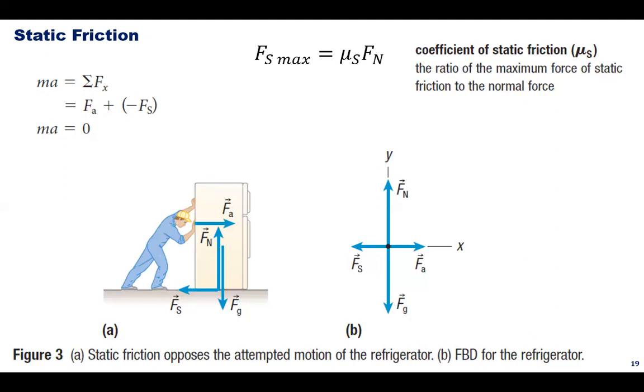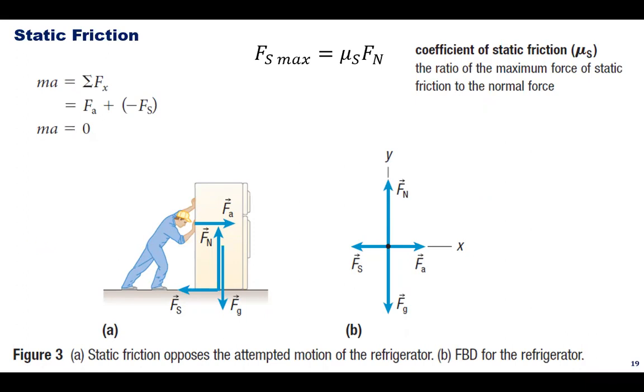If Fa is increased, the force of static friction increases, but again cancels Fa. However, the magnitude of the force of static friction has an upper limit of mu s Fn. If Fa is greater than this upper limit, the walker will succeed in moving the refrigerator.